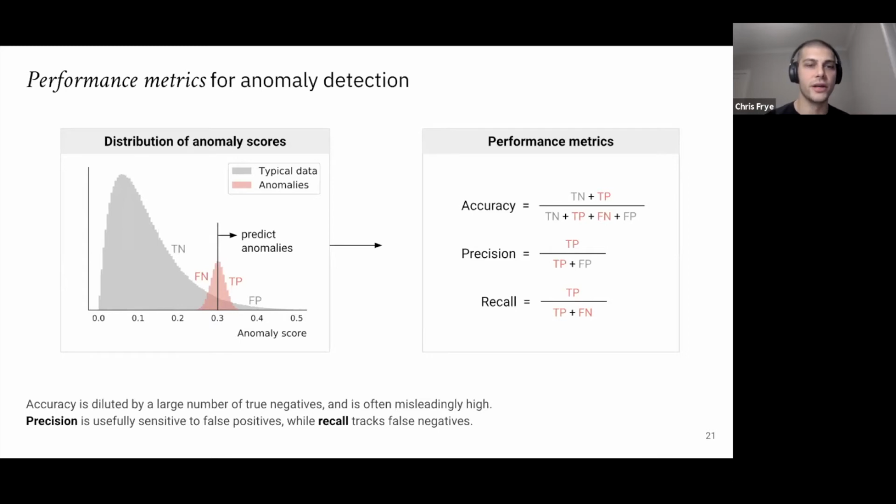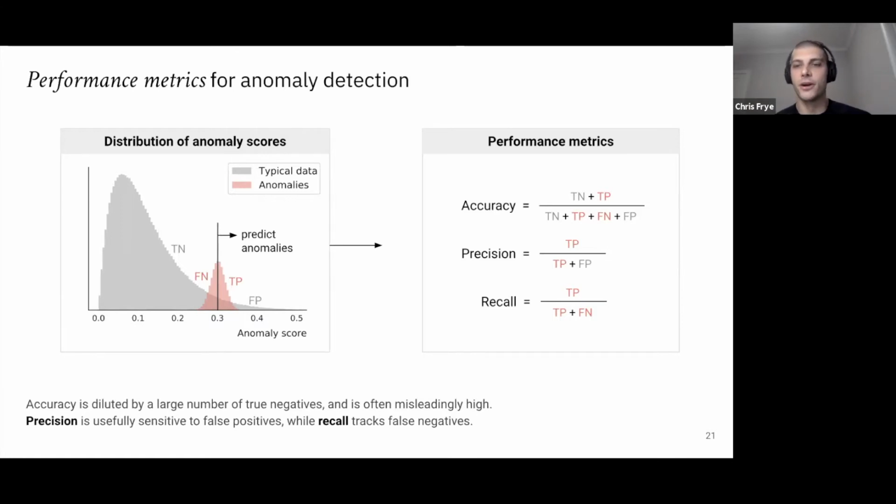But we can use these quantities, the TP, FP, TN, and FN, to create a few different performance metrics that I've listed on the right. The most obvious one is accuracy. This is just the number of correct predictions, meaning the true negatives and the true positives, divided by the total number of predictions altogether.